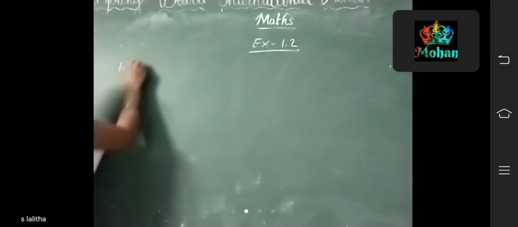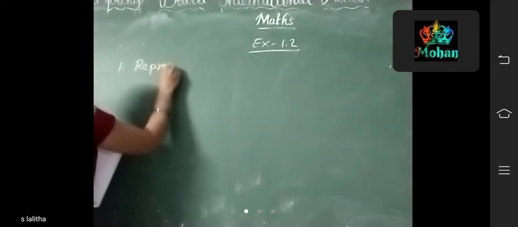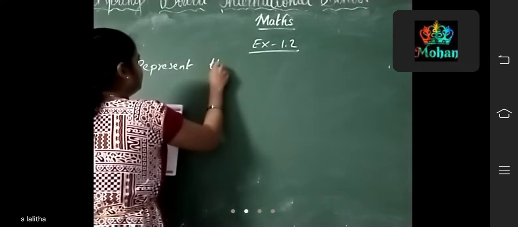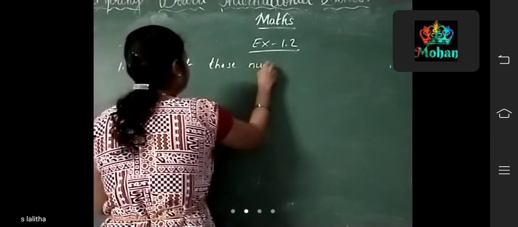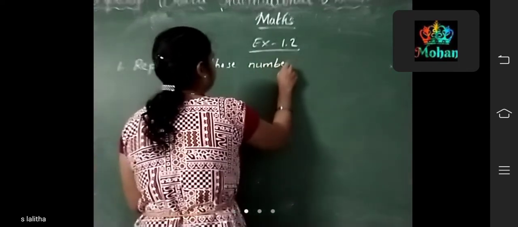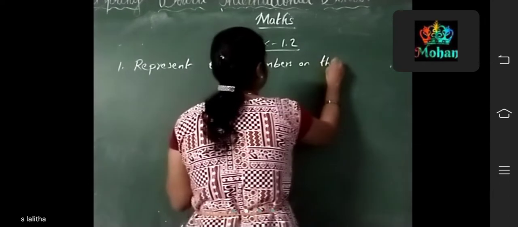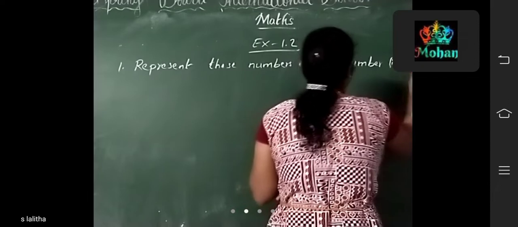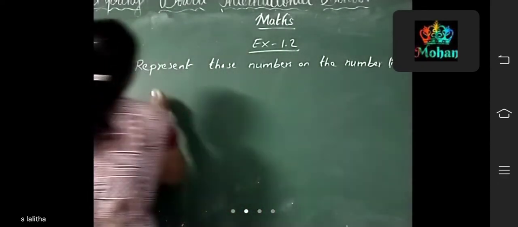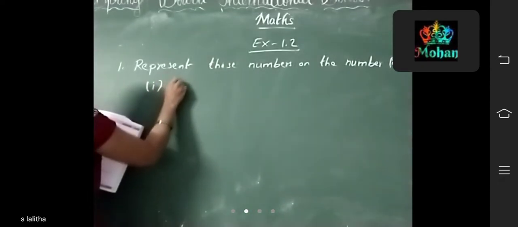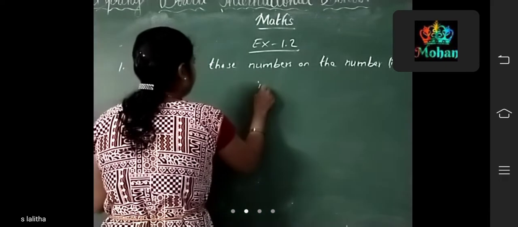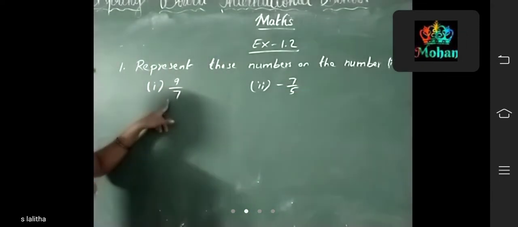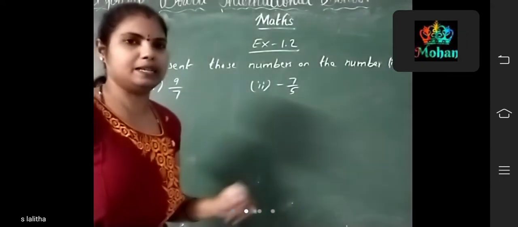First sum is: represent these numbers on the number line. First one is 9 by 7. Second one is minus 7 by 5. So the first one you can do as homework. I will tell the second sum now.